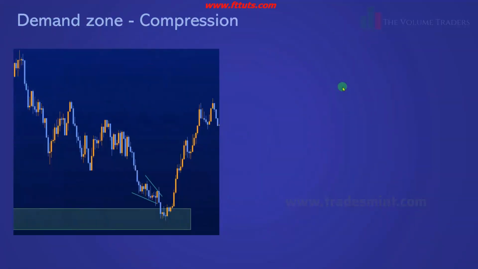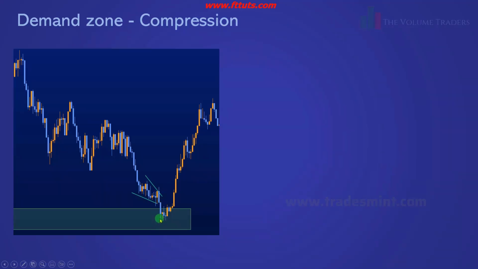Then the compression, the final pattern, which I also love to see, not just waiting until reaching the demand by simple lower lows and lower highs. But when I see such a triangle, the zigzag move with indecision candles, I expect to see the final push.